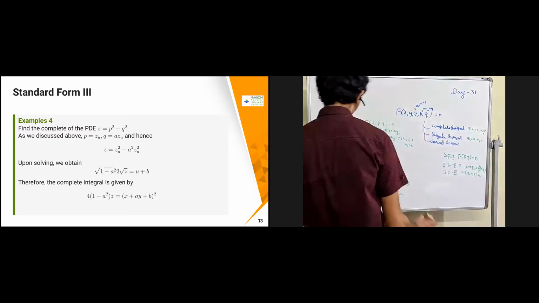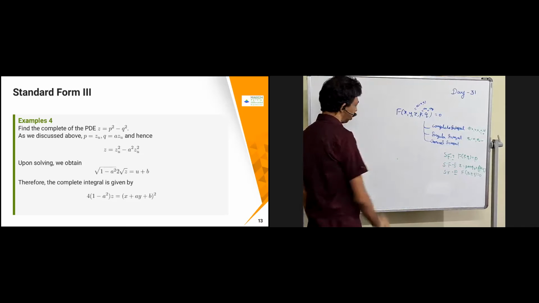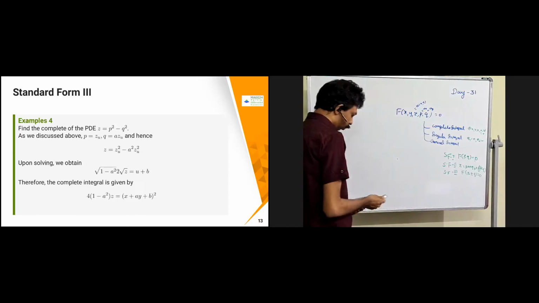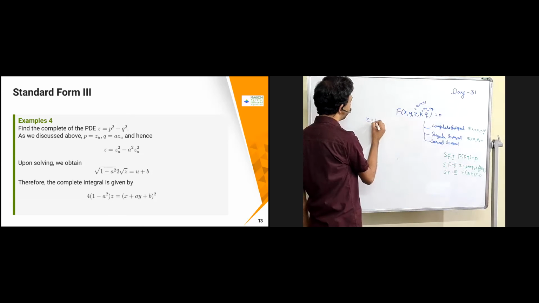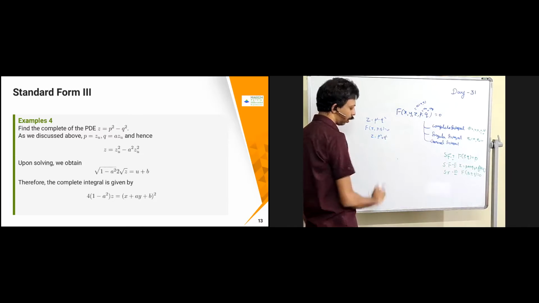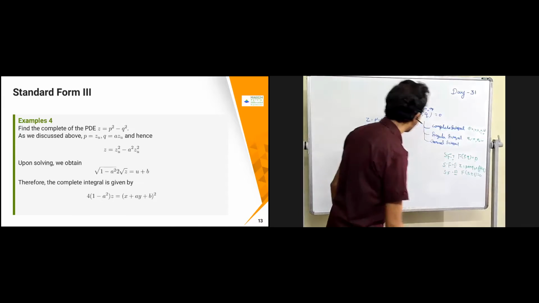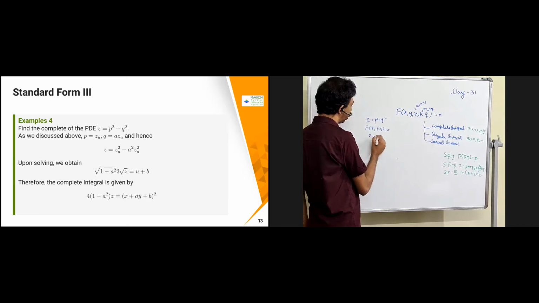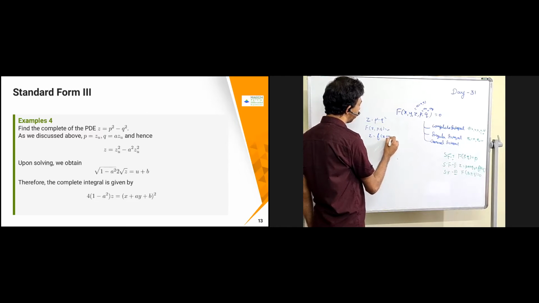Okay. So let's see an example problem. Here I am taking p squared z equal to p squared minus q squared. So this is of the form f of z, p, q equal to 0. I could take z minus p squared plus q squared, but it doesn't matter for us now. The solution is of the form z equal to f of x plus ay plus b.